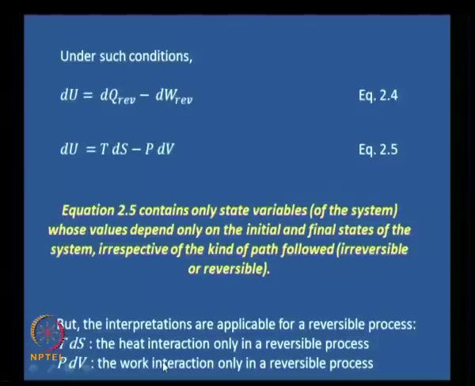TdS is a heat interaction only in a reversible process, and PdV is the work interaction only in a reversible process, whereas this equation 2.5, du equals TdS minus PdV, is applicable irrespective of the type of process that the system undergoes.